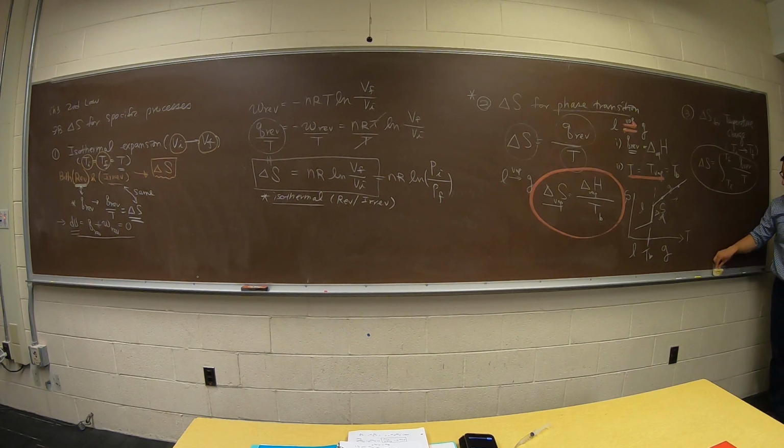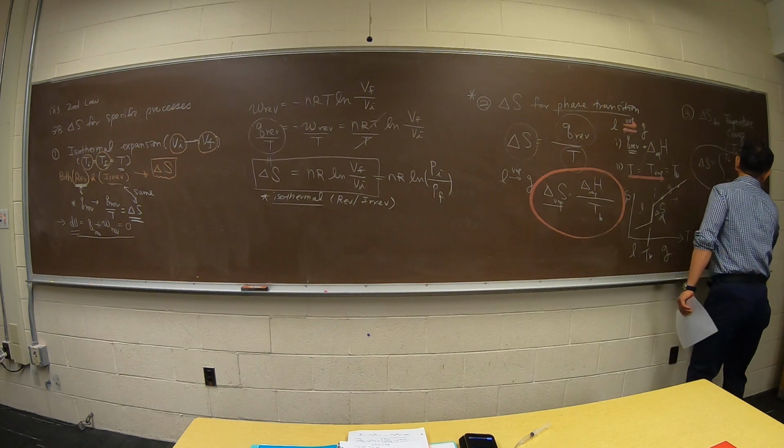Do you remember what my Q reversible is under constant pressure? Once again, this one: Q equals Cp dT. Do you remember that? So I can plug that in, and all of a sudden I get this equation.